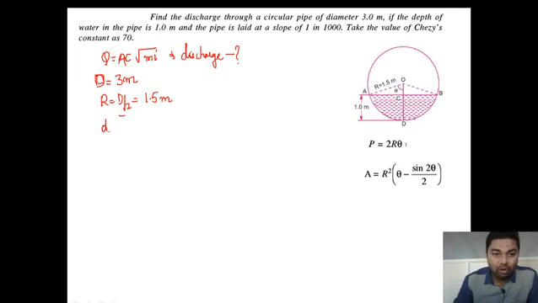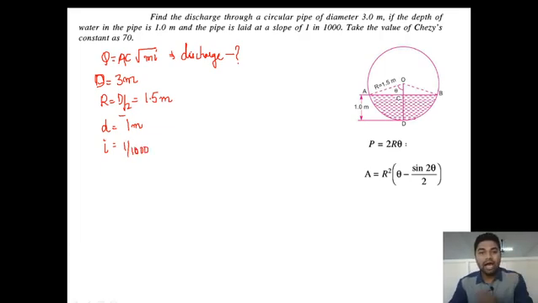Depth of the flow, small d, is equal to 1 meter. Slope i is 1 in 1000, which means 1 by 1000. This is the value of i. Chezy's constant C is equal to 70.